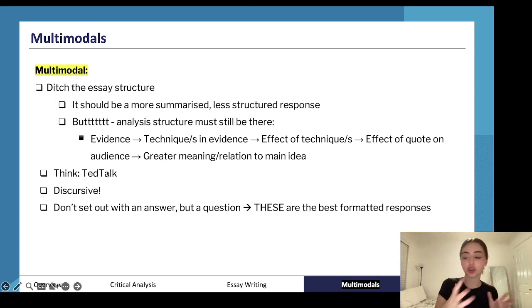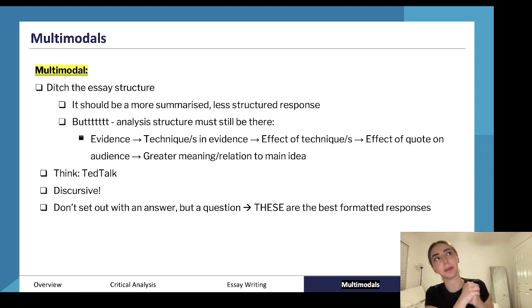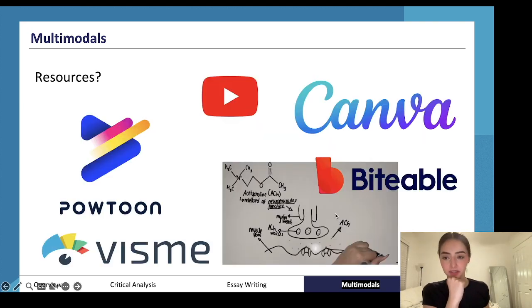And you and your audience kind of figure out the answer together. These are the best formatted multimodals. These are the multimodals that I've given the best feedback to. I haven't been really sad with my feedback because they've been the best formatted responses.